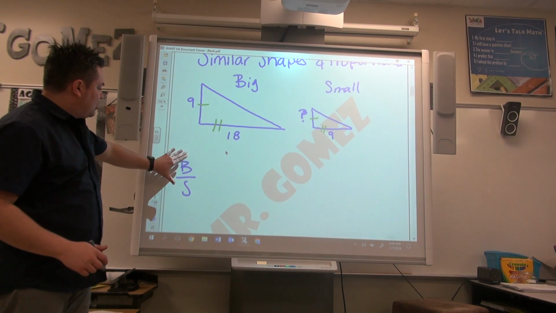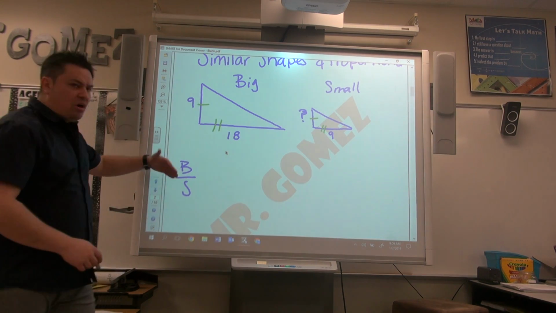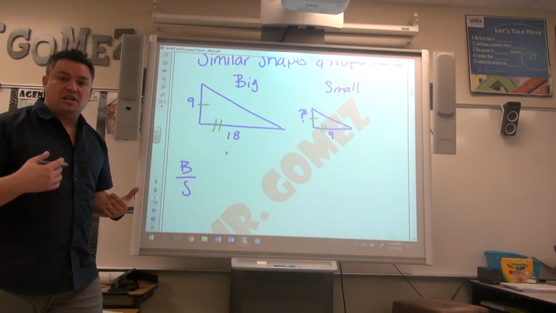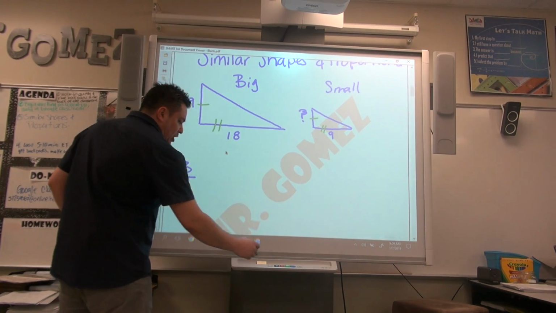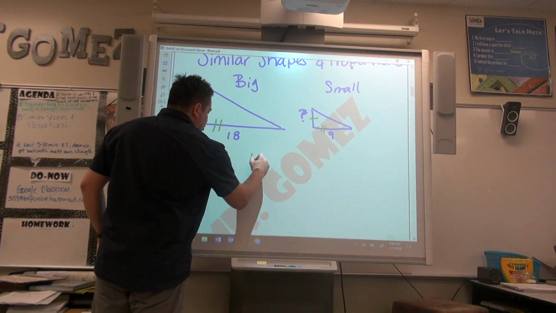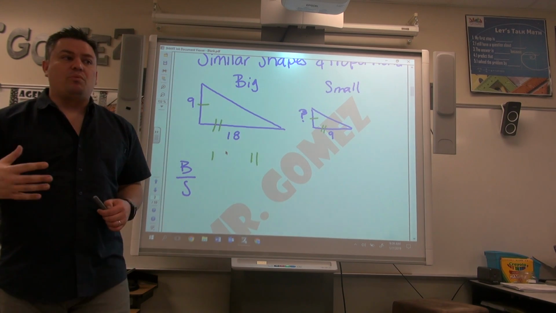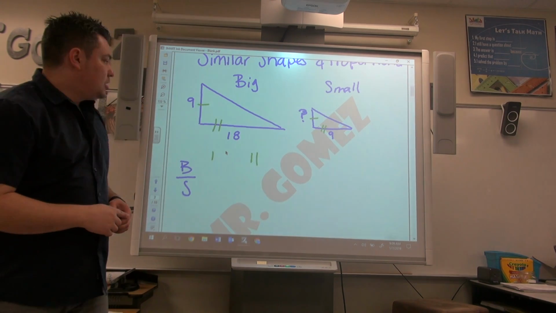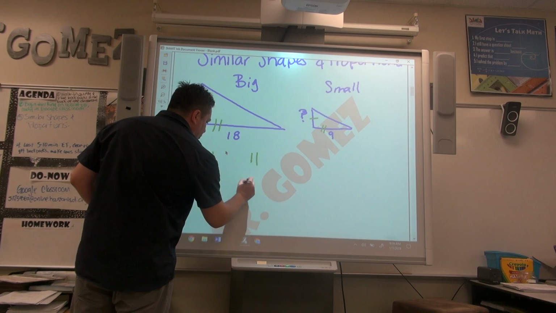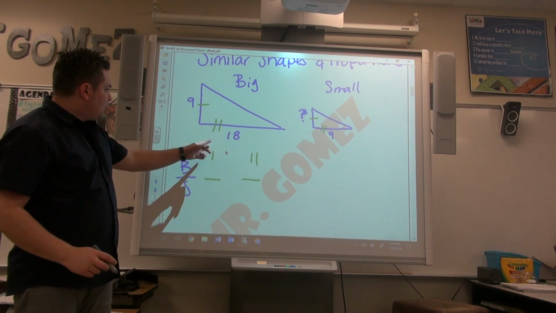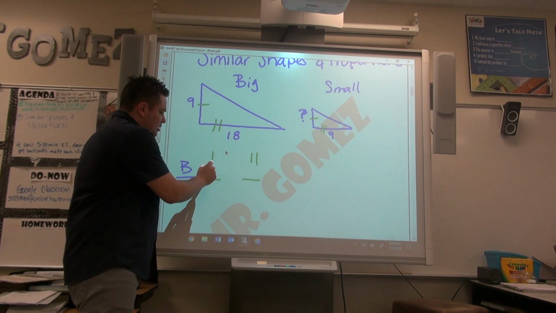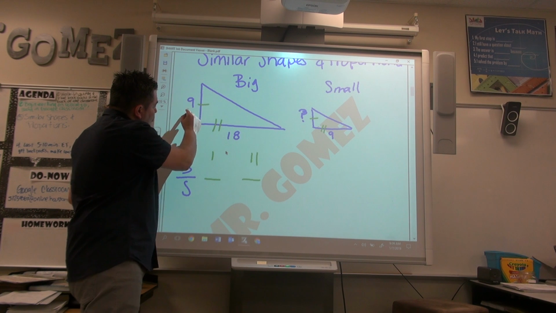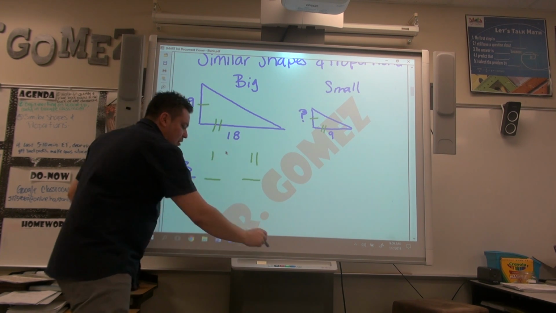So we're gonna put in big over small, or you can put in small over big. It doesn't matter as long as you keep it constant. Then I'm gonna put in my 1 tick mark and my 2 tick marks, and we're gonna set up an equal proportion. My big with 1 tick mark, what number is that? 9.